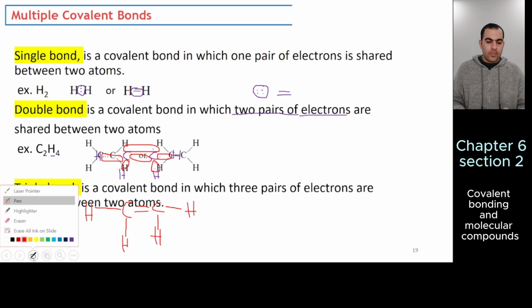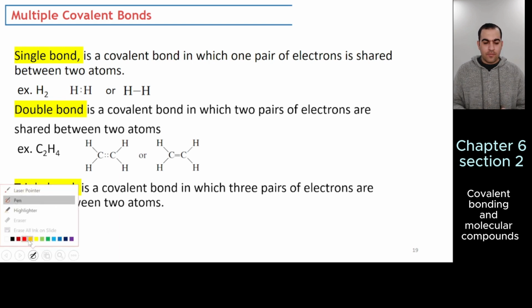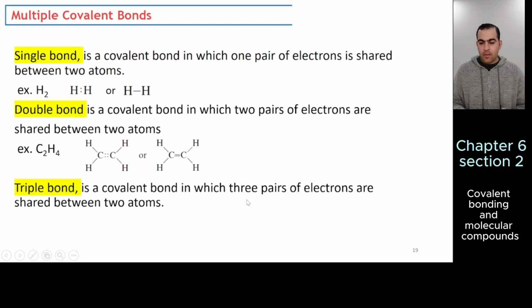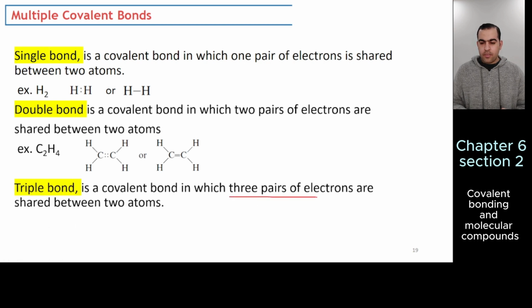Triple bond. What's a triple bond? It is a covalent bond in which 3 pairs of electrons are shared between 2 atoms. 3 pairs of electrons means 6 electrons, or 3 dashes. 1, 2, 3.